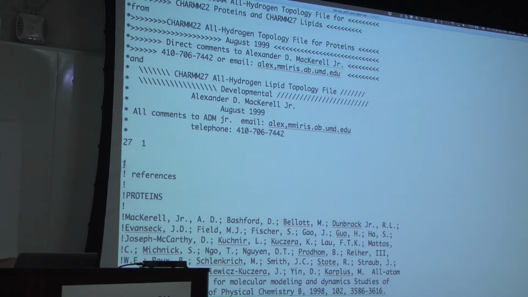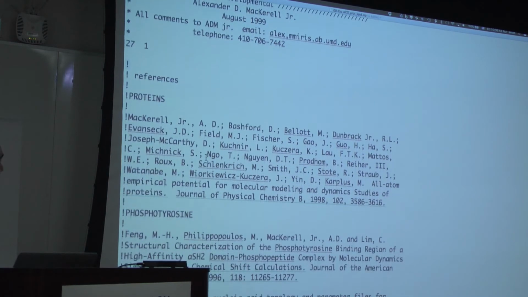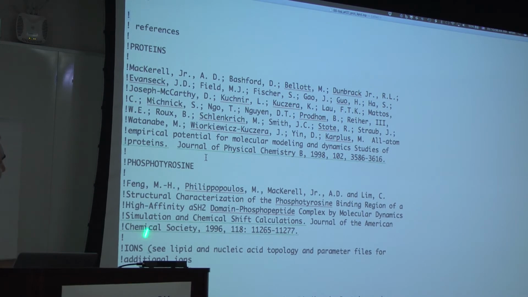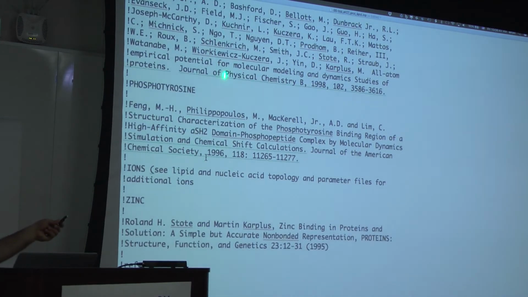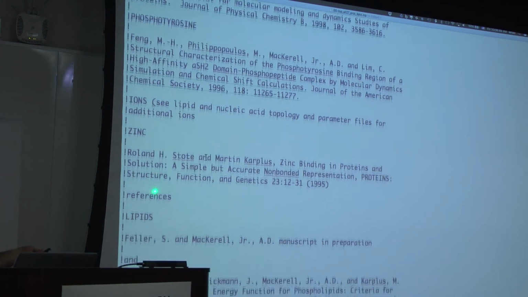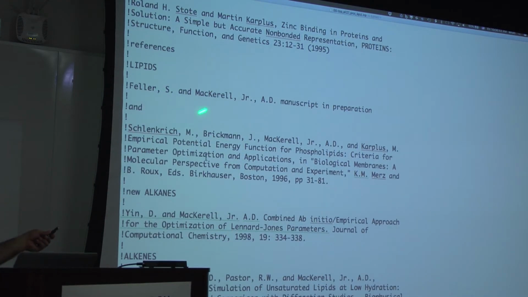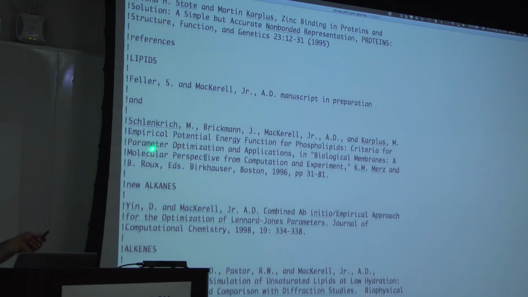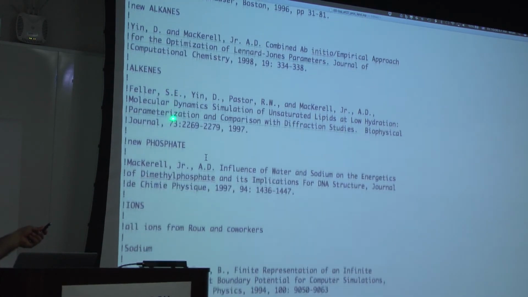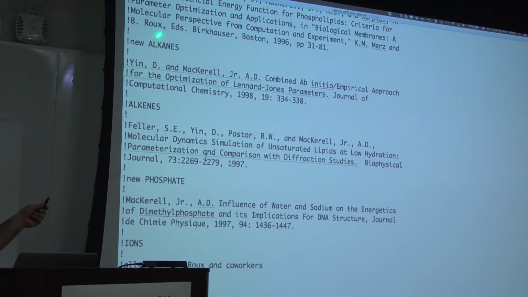So this is the header. Anything with an exclamation mark is a comment. You get some information about the references, et cetera, like a manuscript in preparation, Scott Feller. And then you see, for example, new alkanes.